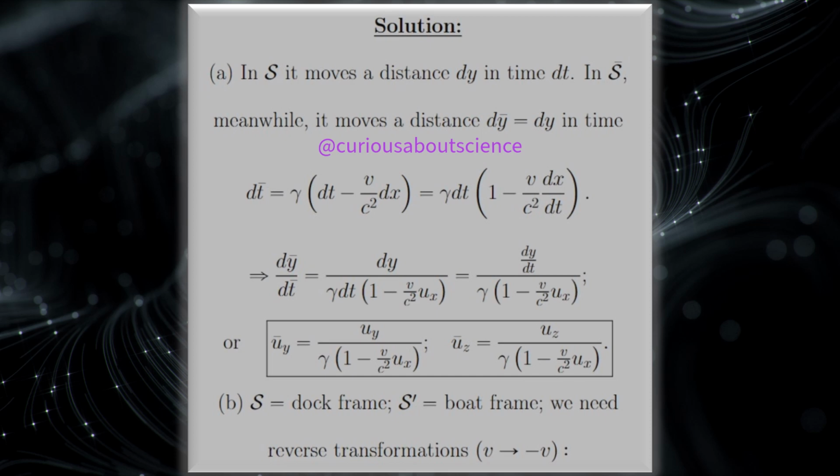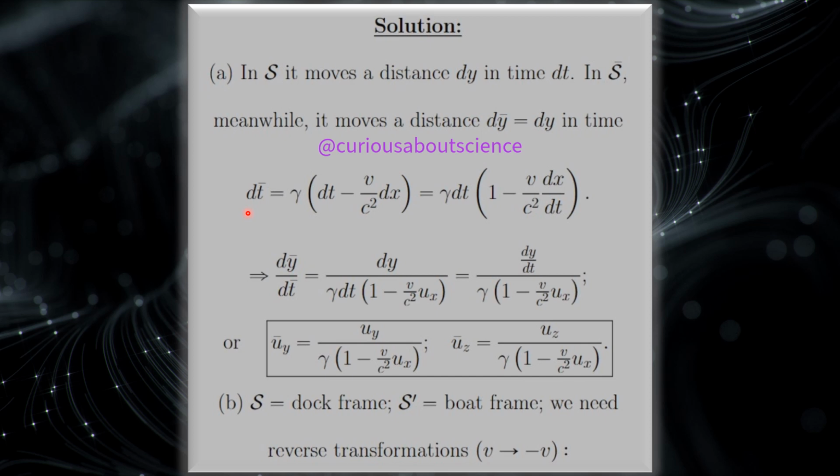Now in S bar, meanwhile, it moves a distance dy bar, where dy bar equals dy, in time dt bar equals gamma, again from the Lorentz transformation rule for time. So we have t minus v over c squared with the position here.